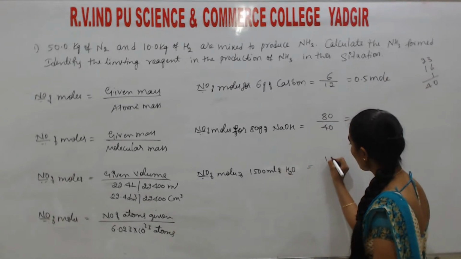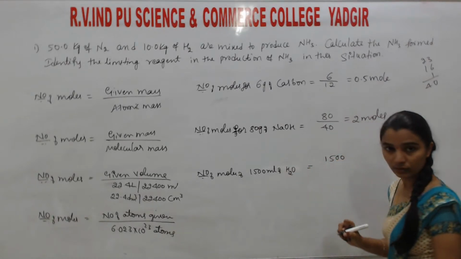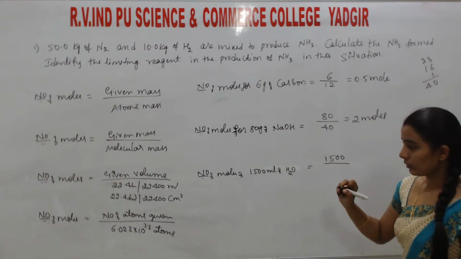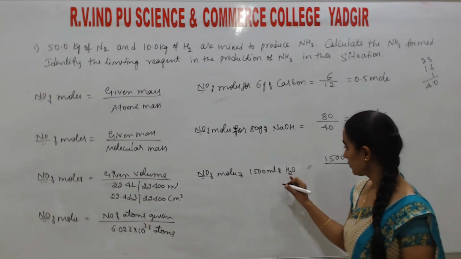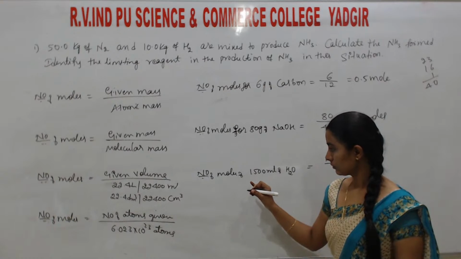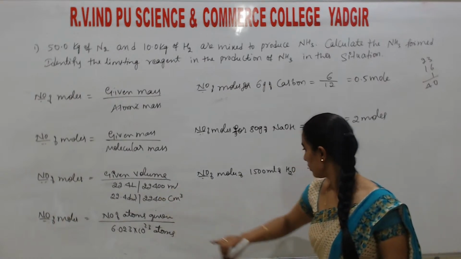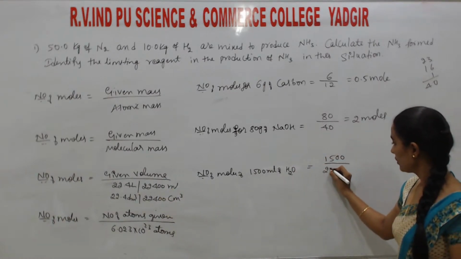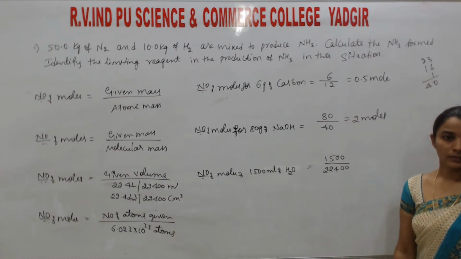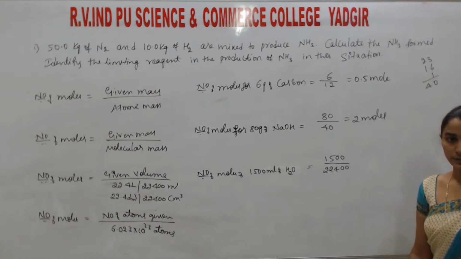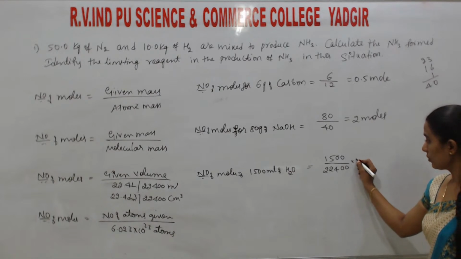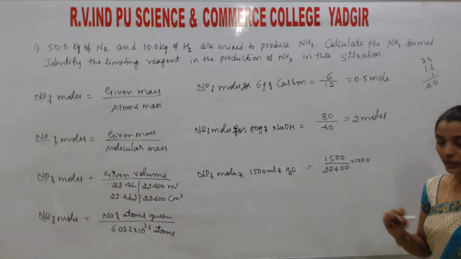So students, given volume is 1500 divided by, in ml what it is, 22,400.